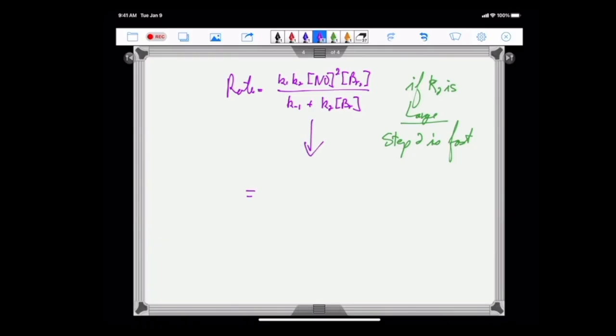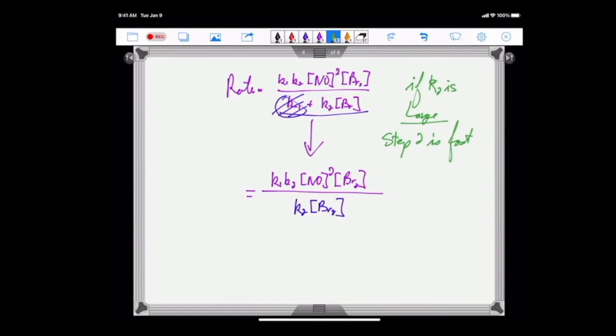This can be rewritten simply as, we're going to leave the numerator alone, K1, K2, NO squared, and BR2 on the numerator. The denominator can simplify, where this is going to be small relative to the other, so that is approximately equal to just K2 BR.